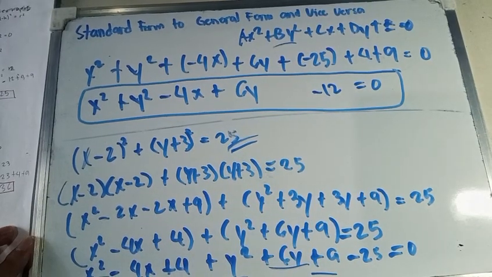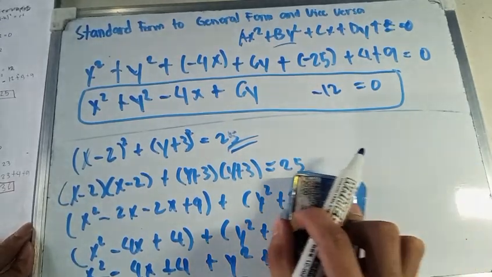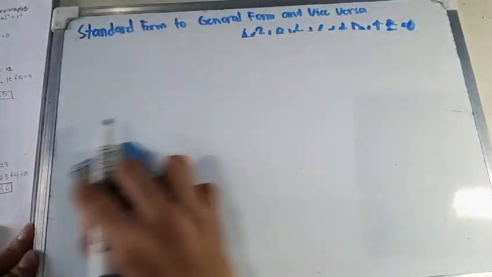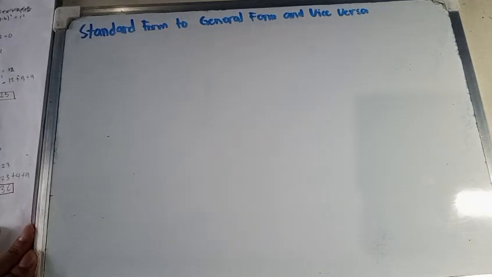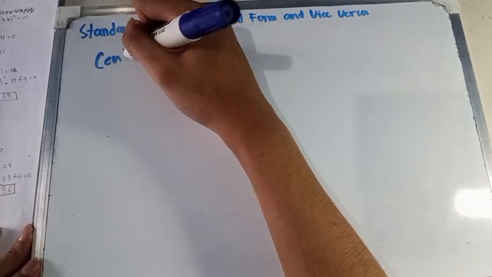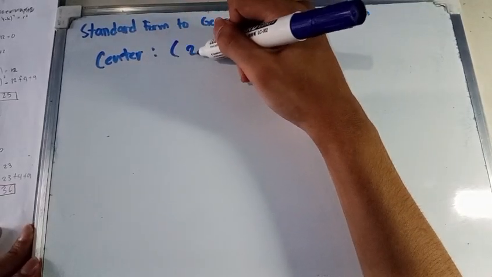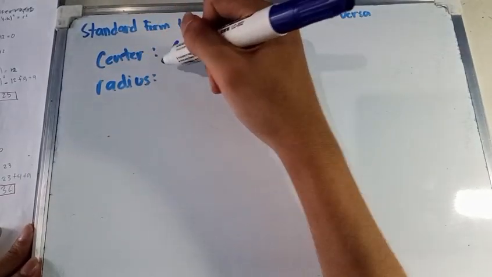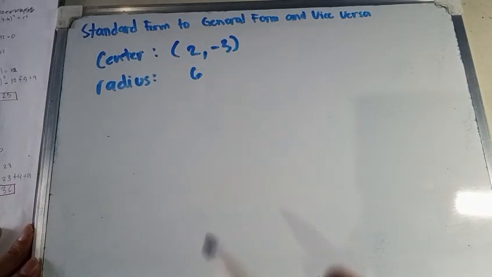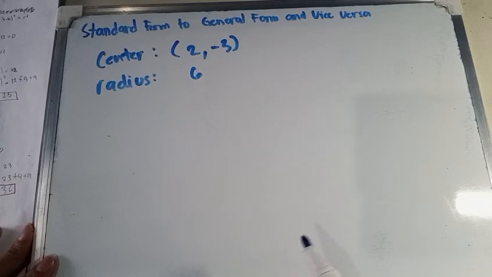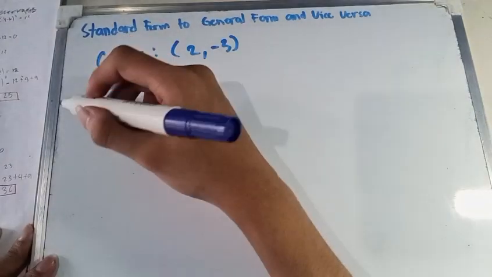Now let's have one more example. What if we are given the center and radius? For example, we have the center (2, negative 3) and a radius of 6. How do we convert it to general form? The first thing that we need to do is to convert it first to standard form.